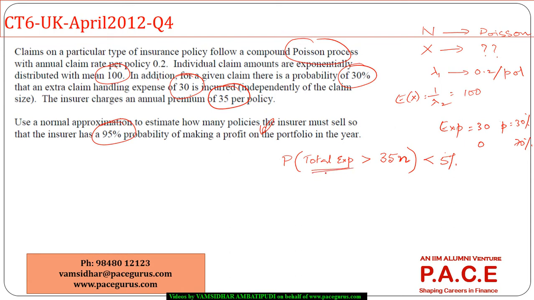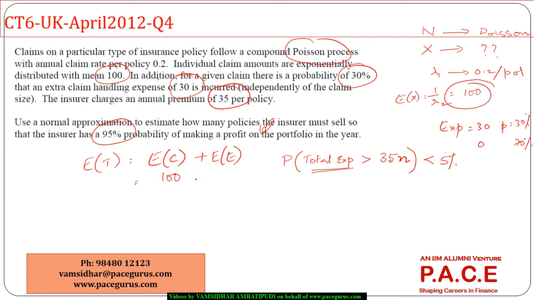So I need to first find the total expenses, the expected total expenses, or even the distribution. First, let's find the expected total expense. There are two components of this expense. One is the expected claim, which I could write as expected value of X, plus the expected expense amount. The expected claim amount is exponentially distributed with a mean of 100.